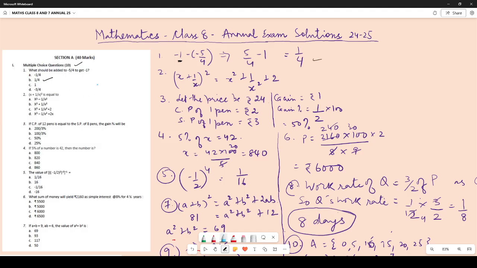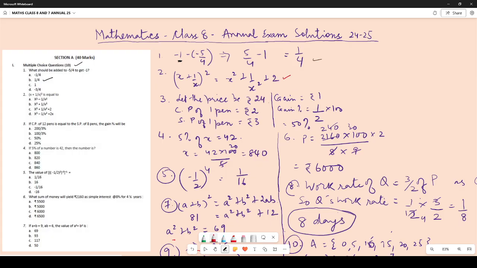Alright. x plus 1 by x whole square is equal to what? So you know the formula, it is the same identity. a plus b whole square is equal to a square plus b square plus 2ab. So x into 1 by x is equal to 1, and 2 into 1 is 2.